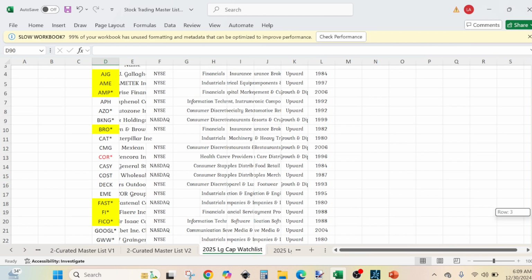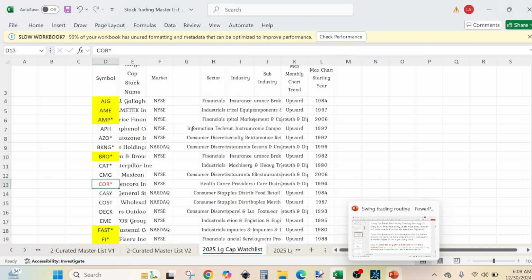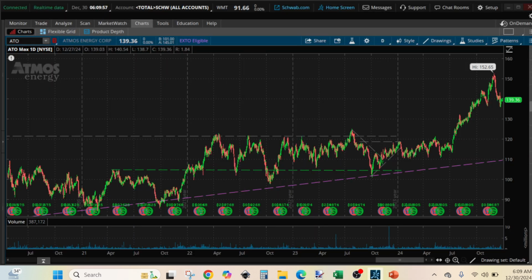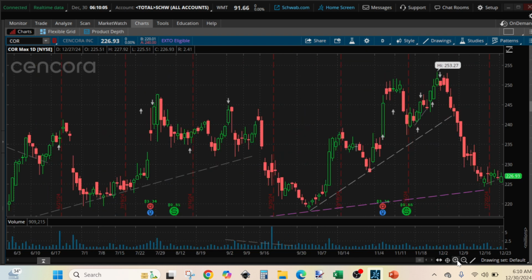And so far COR is the only one that we mark red, to see what it's going to do today, if we'll buy or not.